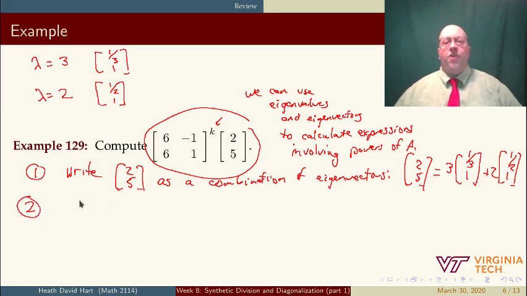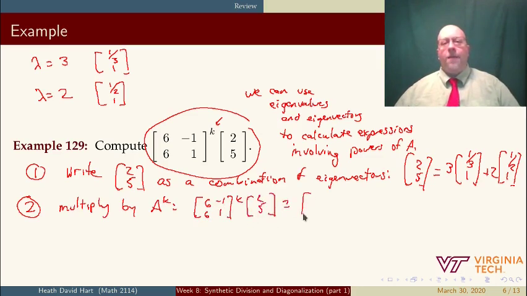Multiply the combination by A to the k. So 6, -1, 6, 1 to the k times 2, 5 is the same thing as 6, -1, 6, 1 to the k times this combination.